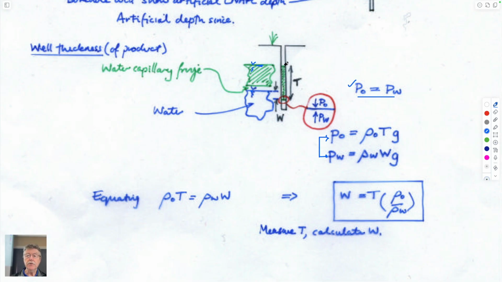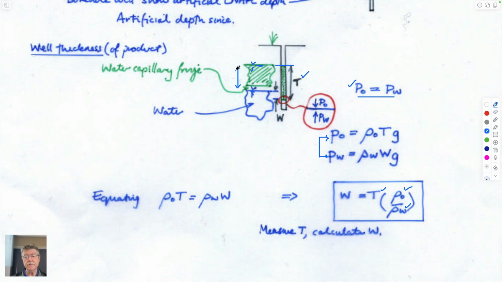And so now you can go in, you can measure the depth below the water table. You put a doodad in the hole to be able to measure where that top is. You measure, hopefully, where this interface is by having a special instrument to do that. And once you have this thickness measured, if you know what the densities of your two fluids are, then you can calculate W. And if you know what W is, you know what the true thickness is.